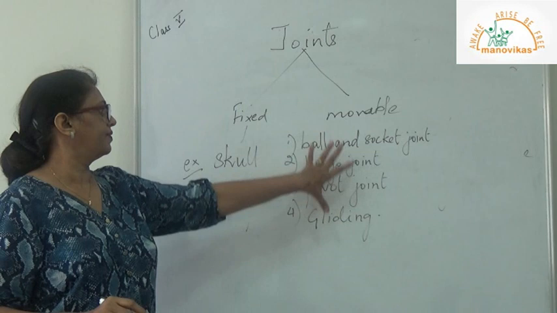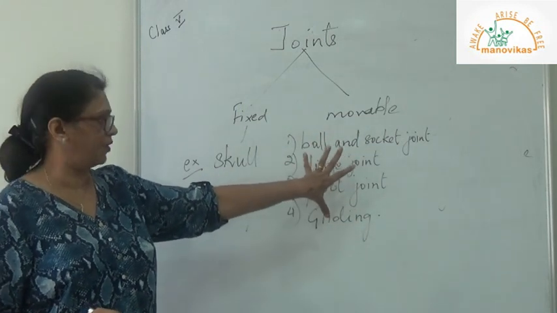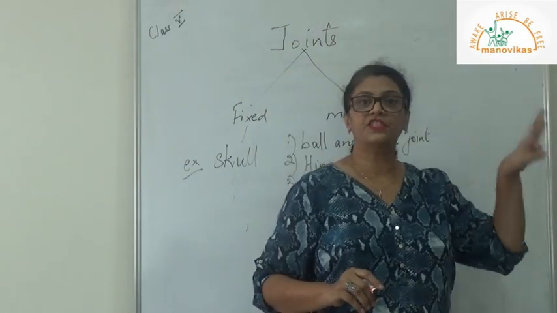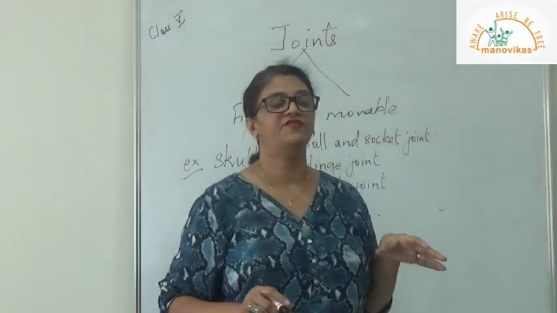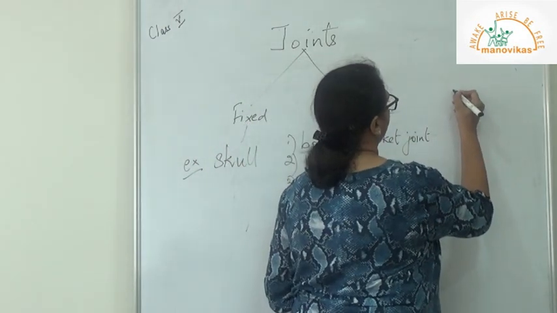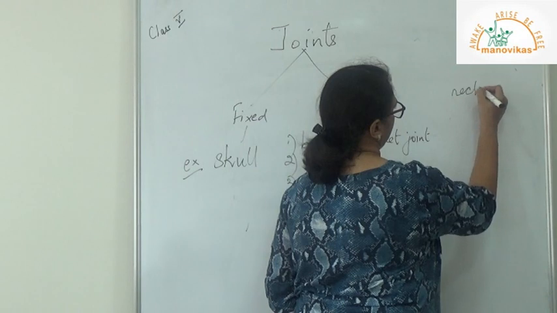Before I explain the working of these four joints, let us first find out which are the parts of our body that have joints. We'll start from the top. So first is the neck.